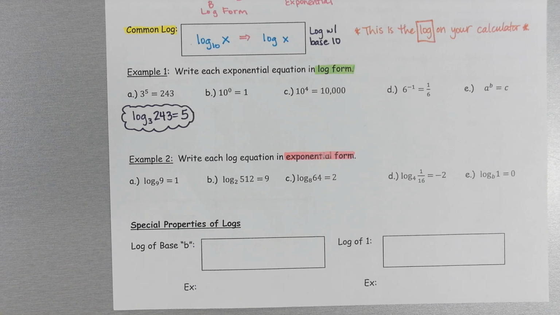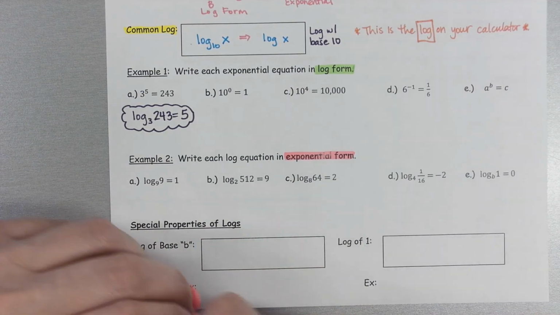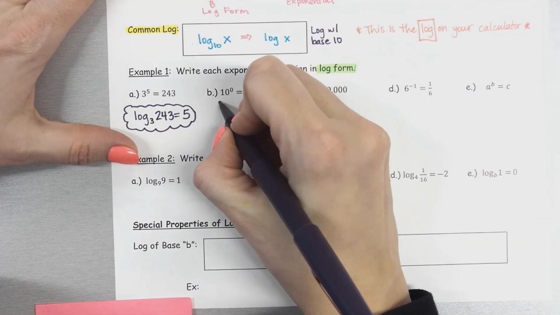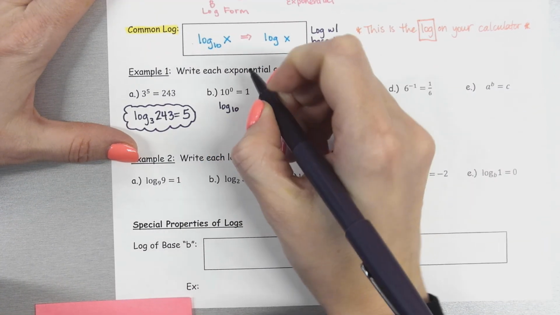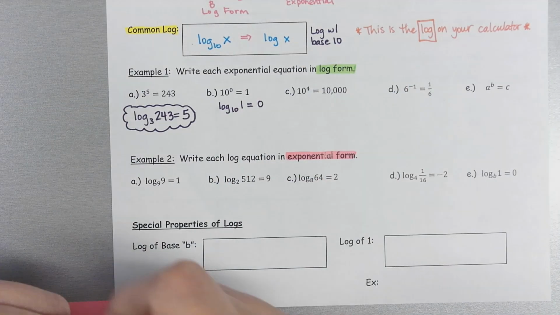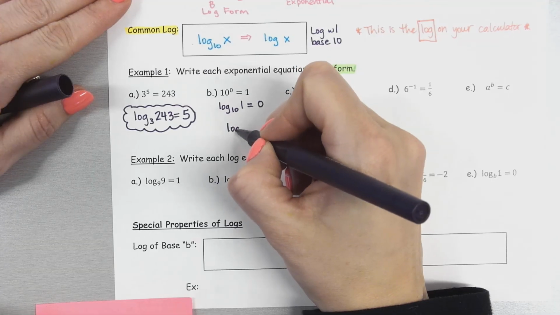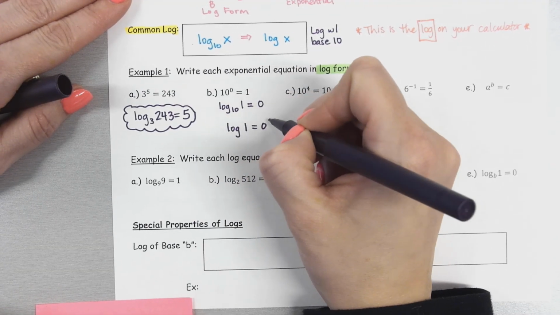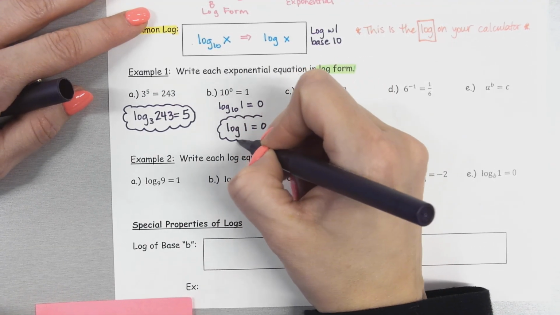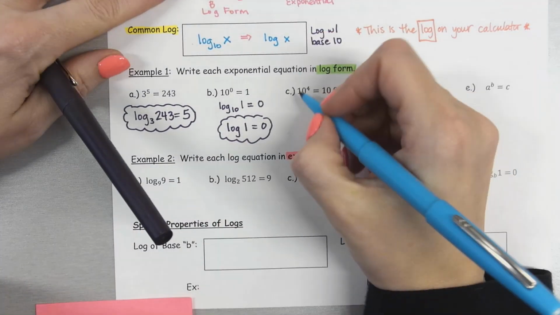I want you to go ahead and do B. For part B, if you wrote log base 10 of 1 equals 0, that's correct. And then because it's the common log, we're going to simplify it. With the common log, you can just write the log of 1 is equal to 0.